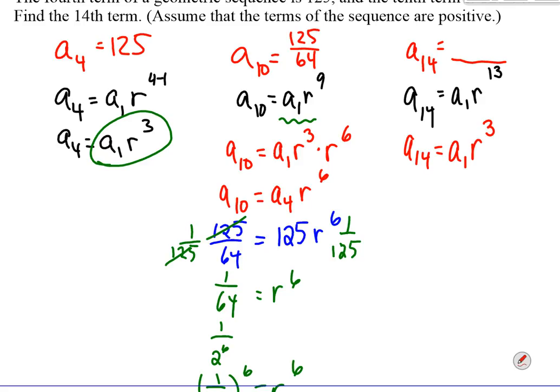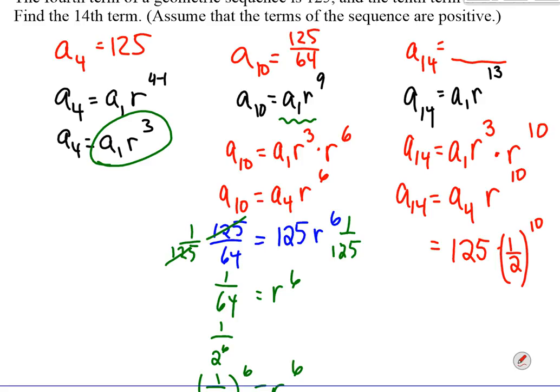Why am I doing that? Because I know that's 125, times r to the what? 10th. So now a sub 14 is a sub 4 times r to the 10th, or 125 times 1/2 to the 10th.